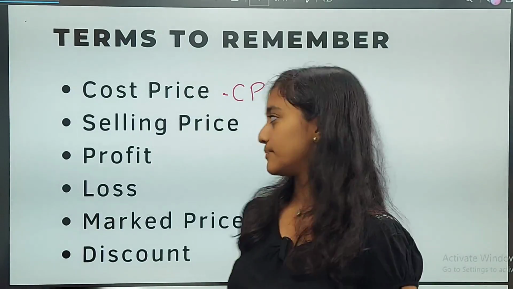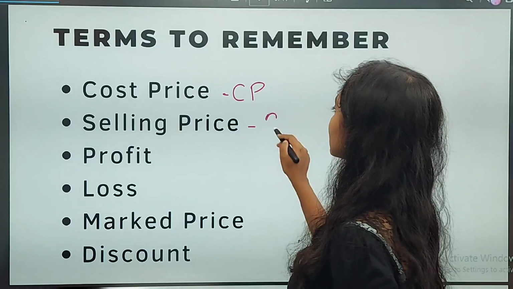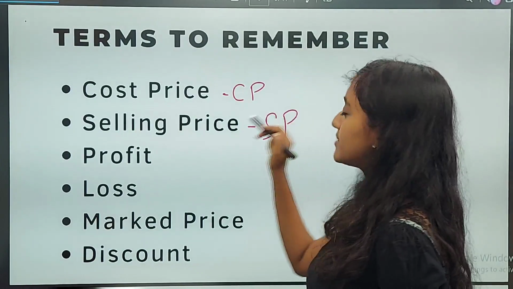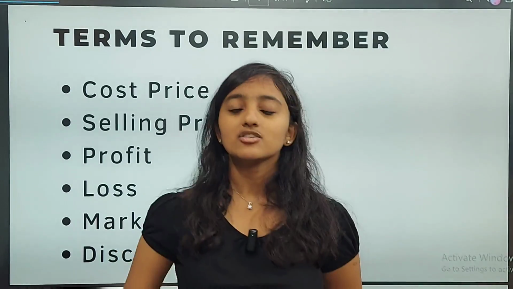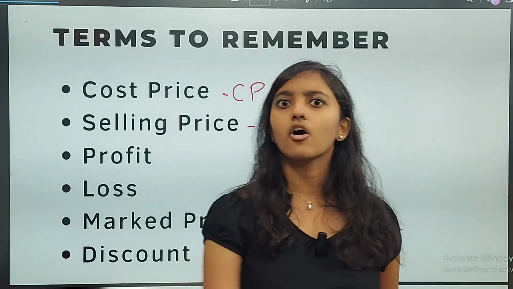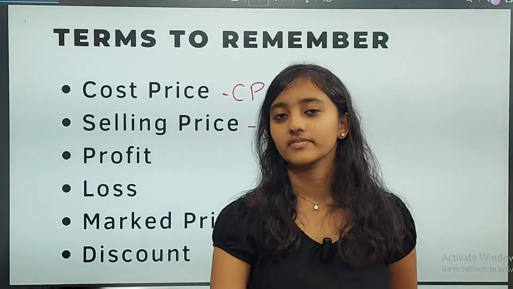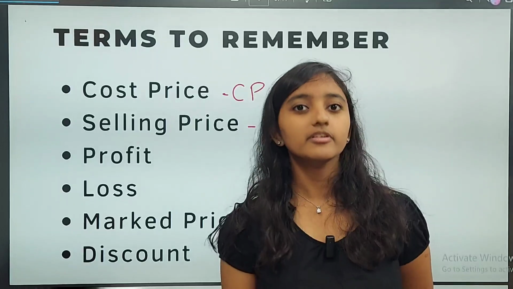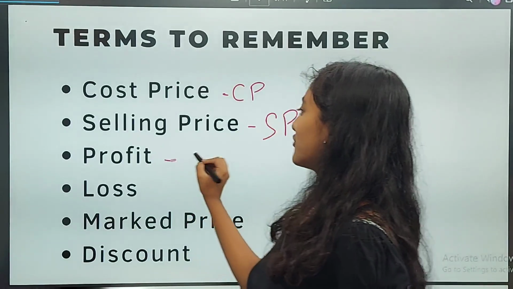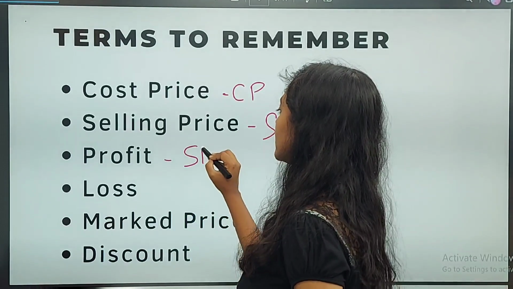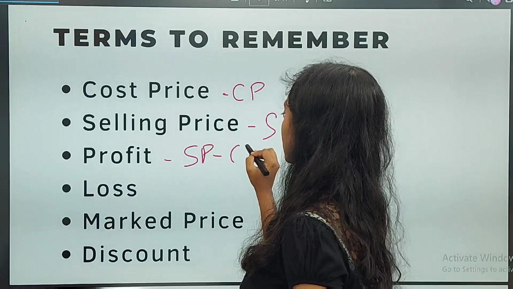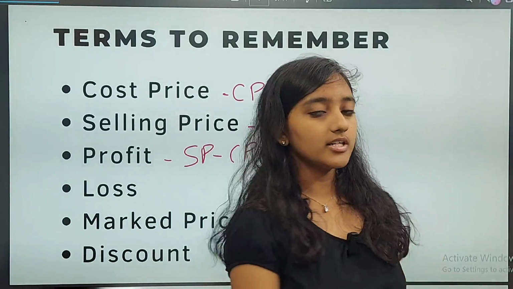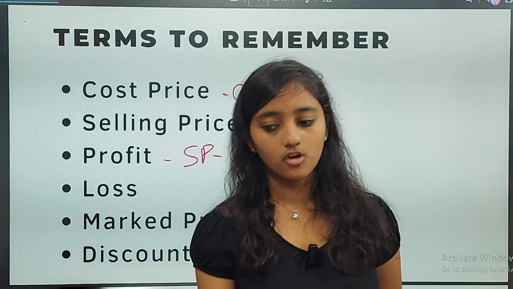It is called the selling price. That is SP. You use CP and SP in your questions. So he bought it for 500, cost price was 500, and he sold it for 700 rupees. What is the profit? 200 rupees. And how do you find it? Selling price minus cost price. So profit is nothing but selling price minus cost price.